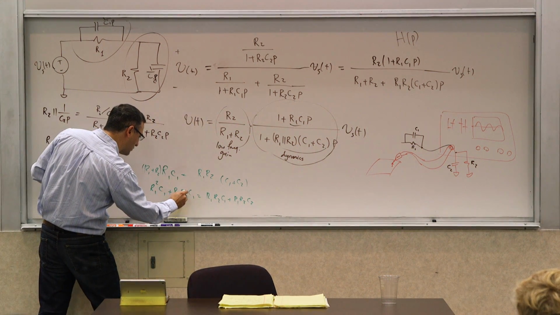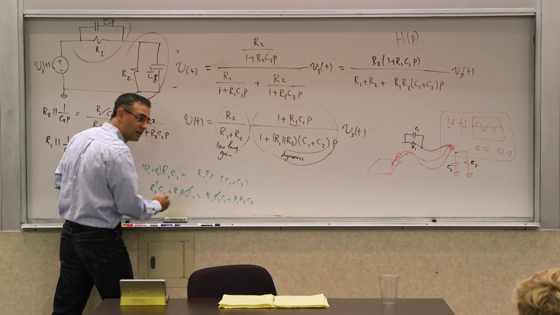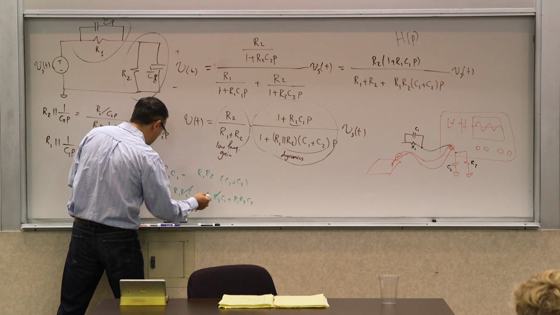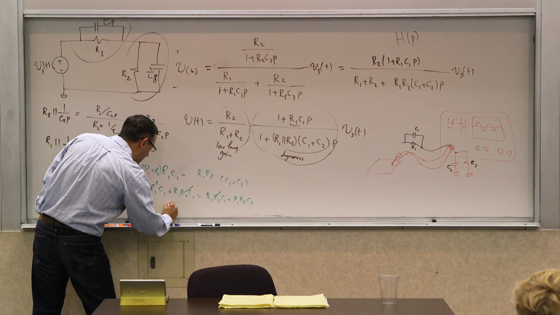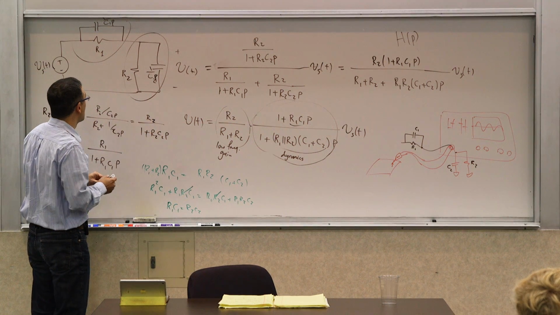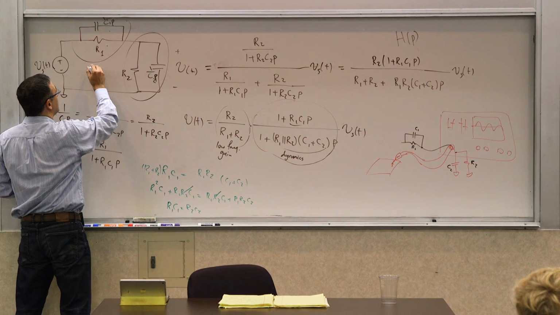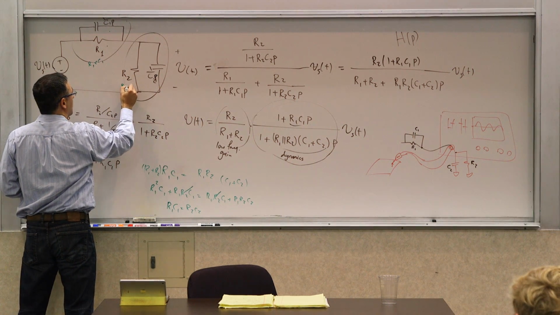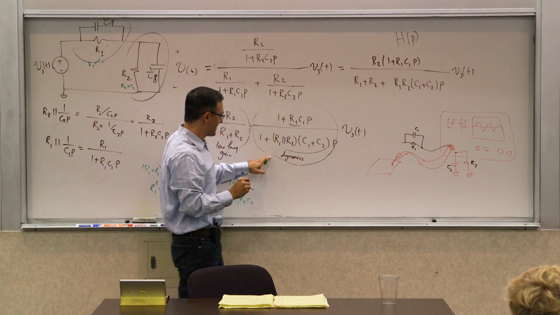So these two cancel, right? And then these two have to be equal, so I cancel one of those R1, so I get R1 C1 equals R2 C2. So if R1 C1 times C1 is equal to R2 times C2, this becomes 1.